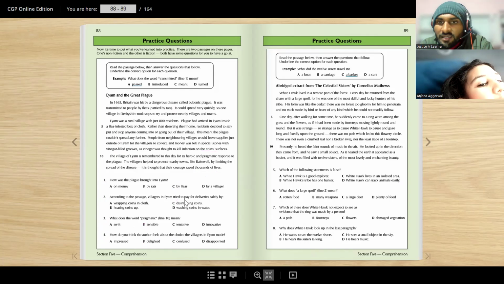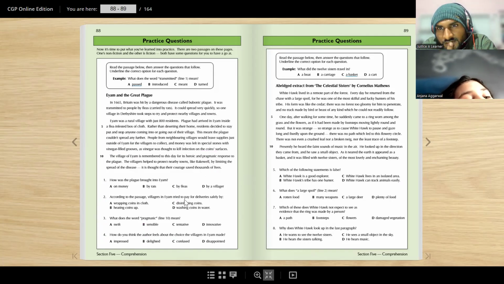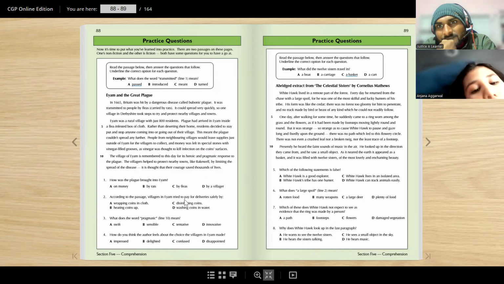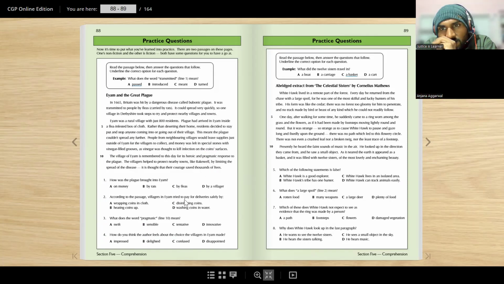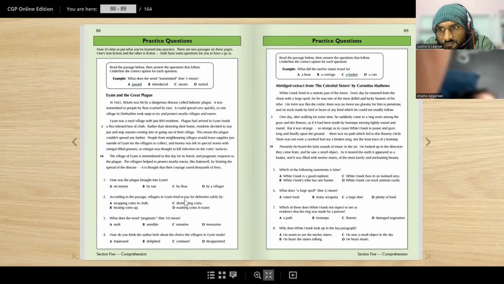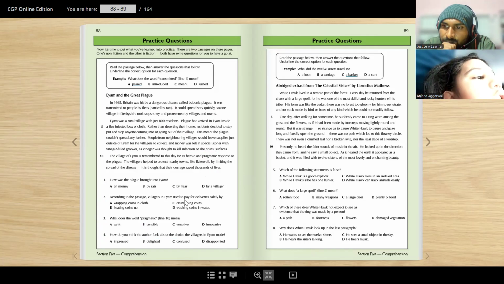Yes, now we are here at the second paragraph. Read the passage. Okay. So it says, wait, let me just zoom in.